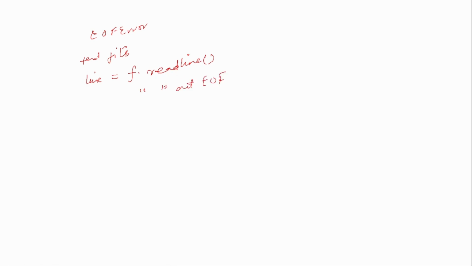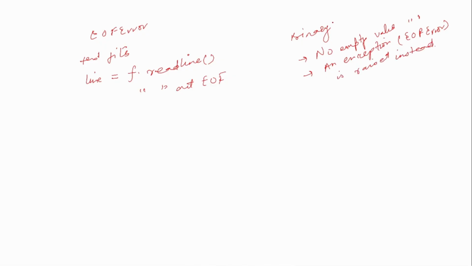So in a binary file with pickle.load, no empty value is returned and the exception EOFError is raised instead. And in case of a text file, it gives us an empty string. And in Python, an empty string is treated as false in a Boolean context.